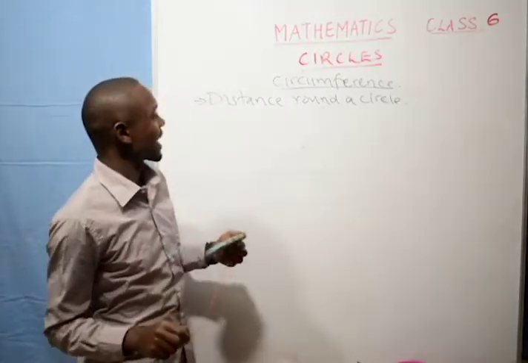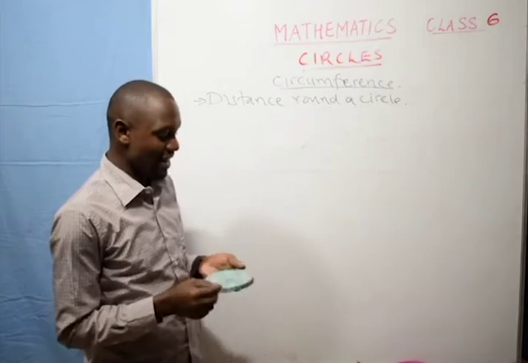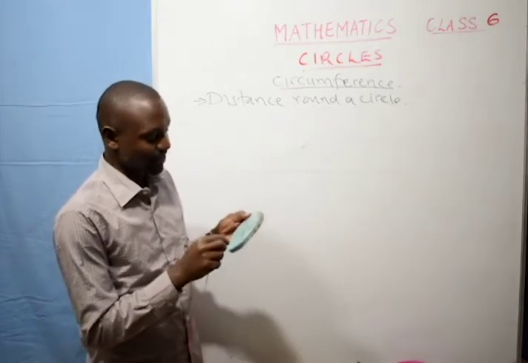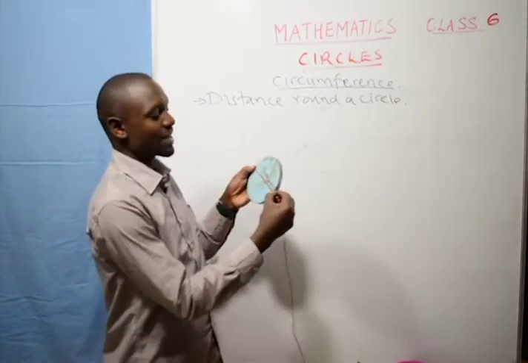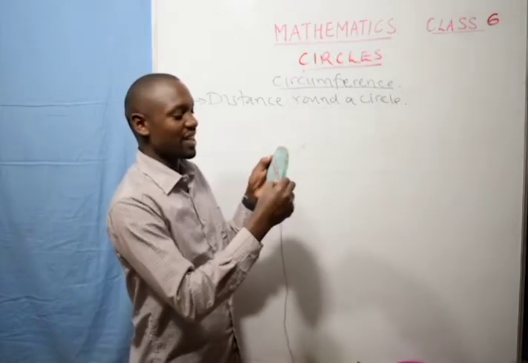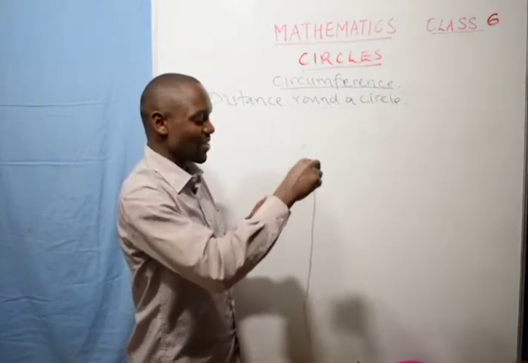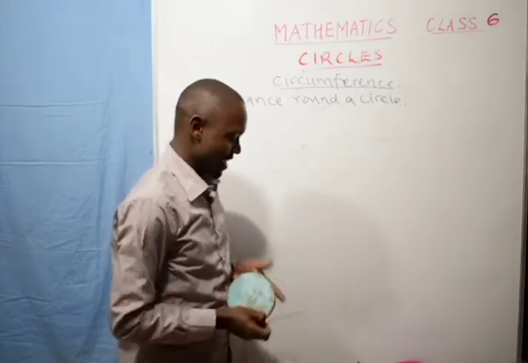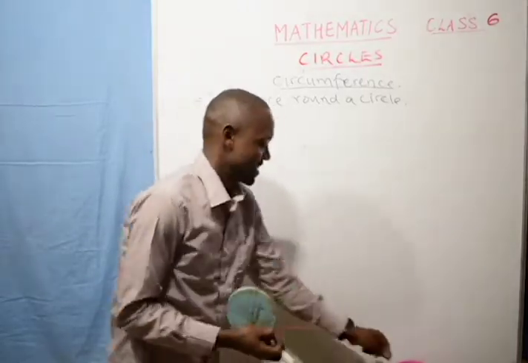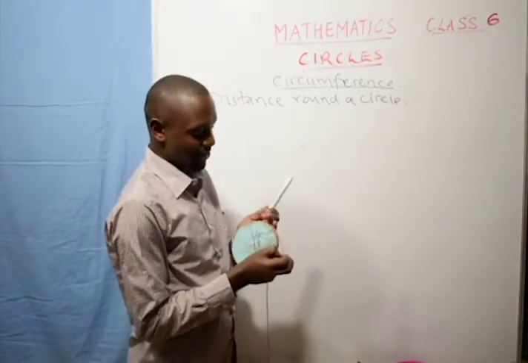How do we get the circumference of the circle? Look at the diameter. This is now the diameter of our circle up to this point here. So, this diameter of ours, once we take it round, I want us to mark from this point.